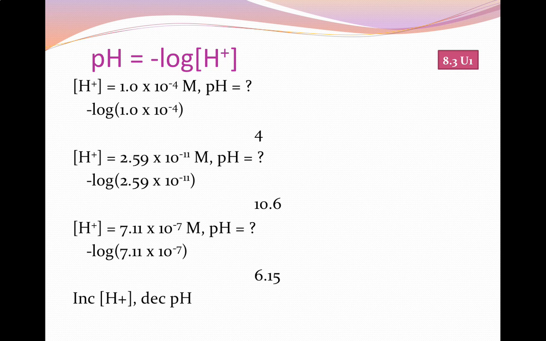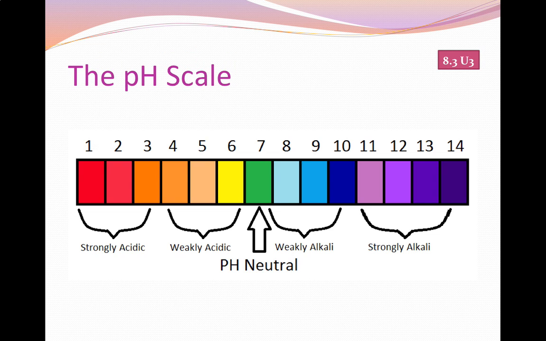If it says, how does increasing the H+ concentration affect the pH, just type in a couple of them, see what you get, see what the trend is, and then you'll see that it's a decrease in the pH. It's always a trick you can use.